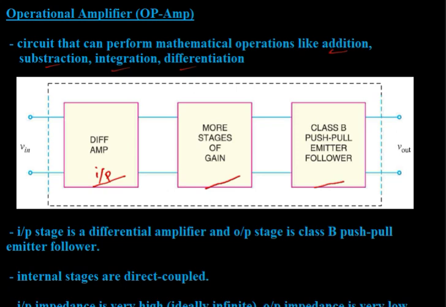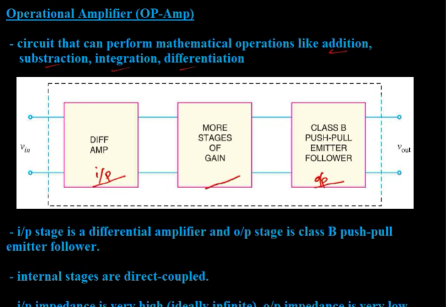An emitter follower does not give any voltage gain, but it provides a certain current gain. Its importance is that it has very low output impedance. Ideally speaking, the output impedance of an emitter follower is 0.